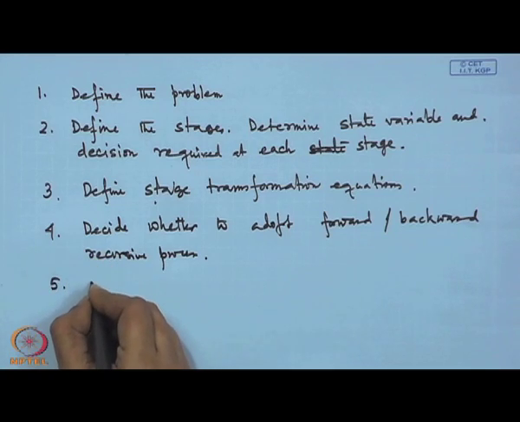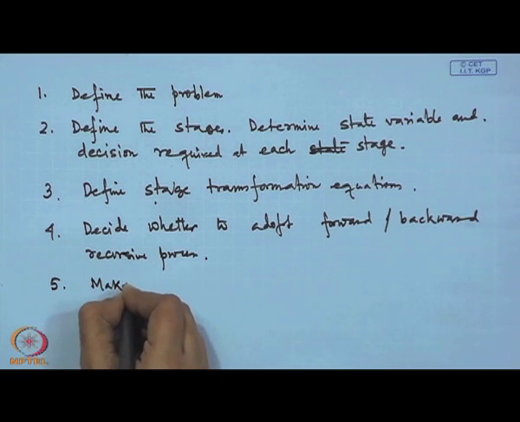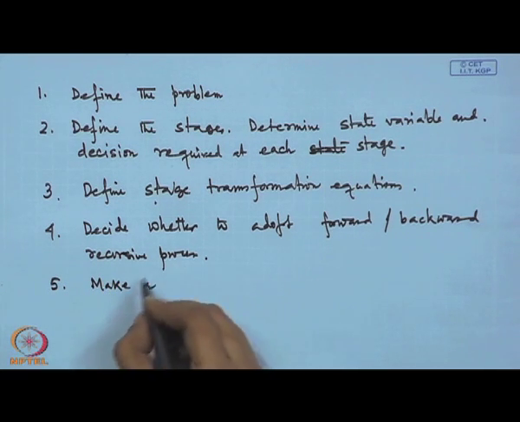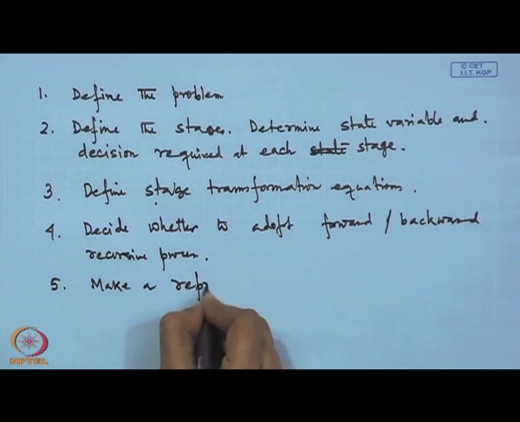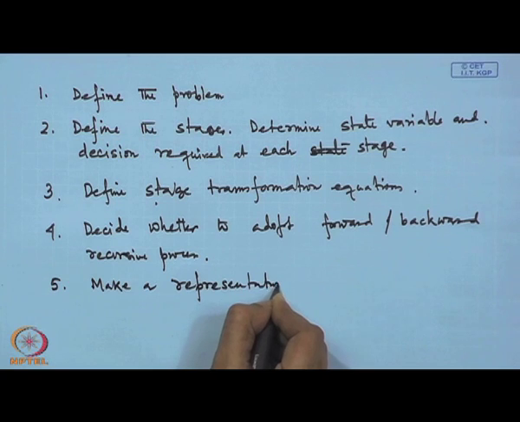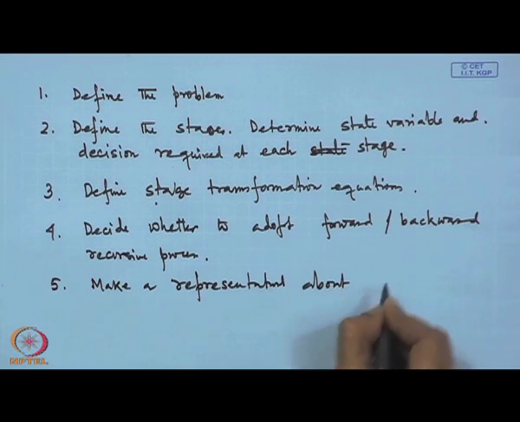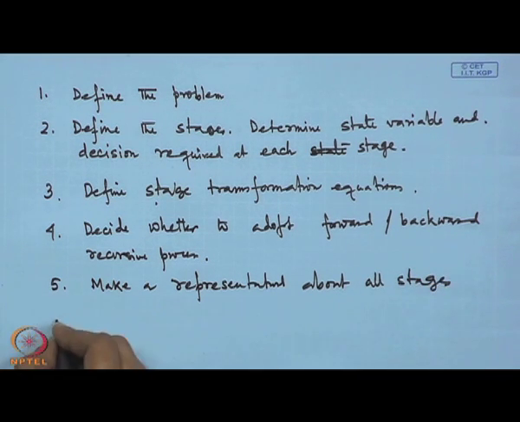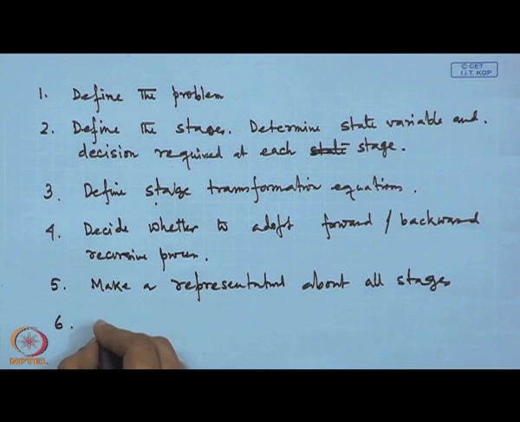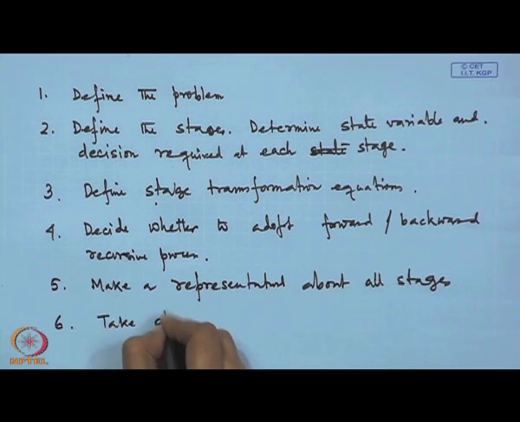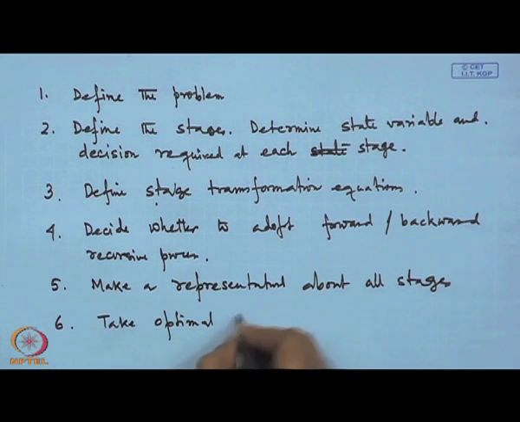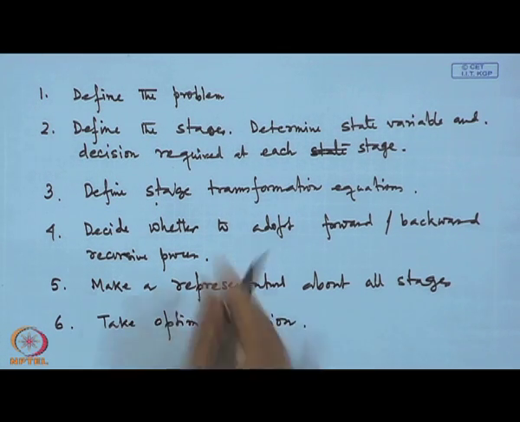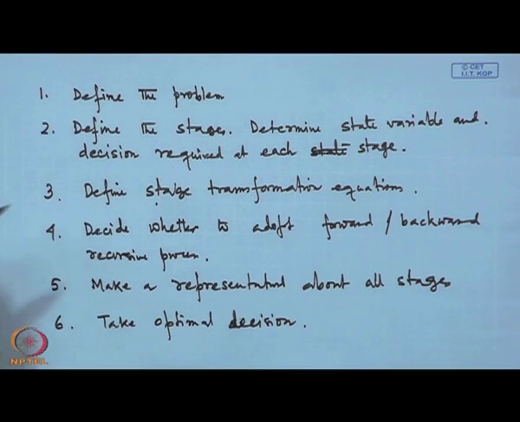It has been said that after reaching the last end, make a representation about all stages, rather the optimal solutions of every stage, and then take the optimal decision. These are the steps. Now, that much I wanted to convey regarding the continuous.